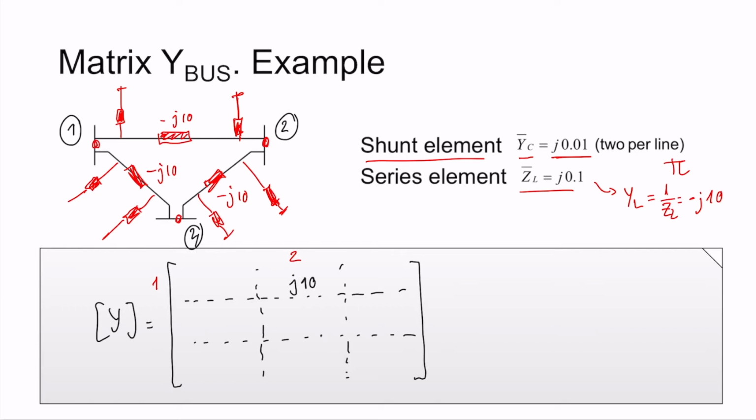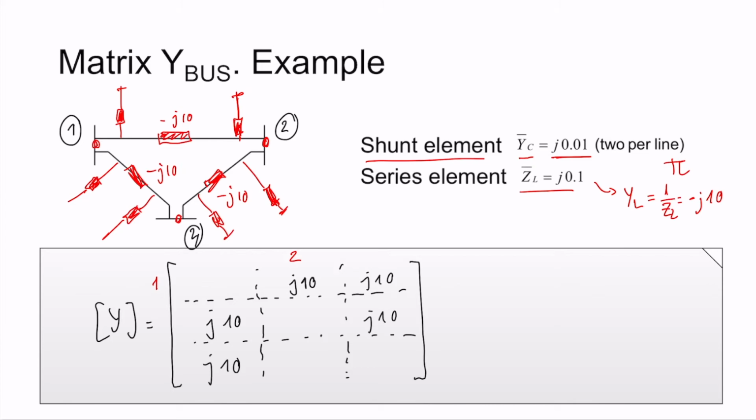Well, this Y is symmetric, so I can fill the element 2,1. Between 1 and 3, I have the same. Everything is symmetric, so I just need to write j10. And this is symmetric, this is j10. And between 2 and 3, again, we have the same series impedance.